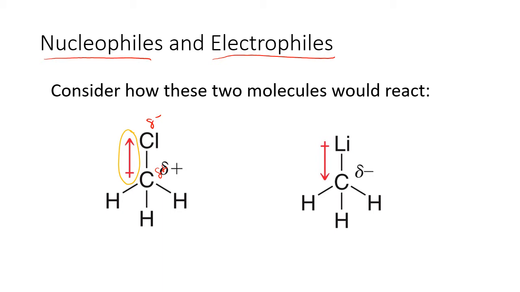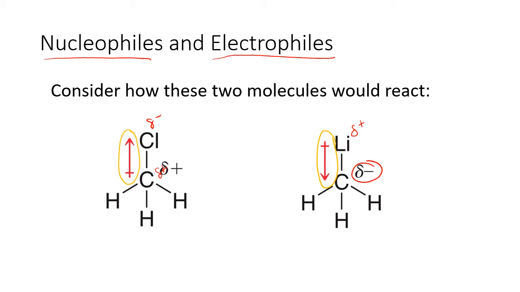Now on the molecule on the right, we have carbon in the middle again, but this time lithium is bonded to carbon. And lithium would end up being partially positive, which would force carbon to be partially negative. And so notice our dipole arrow in this example is going in the opposite direction.